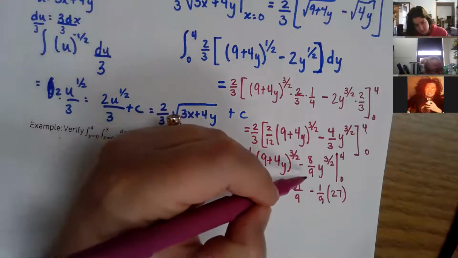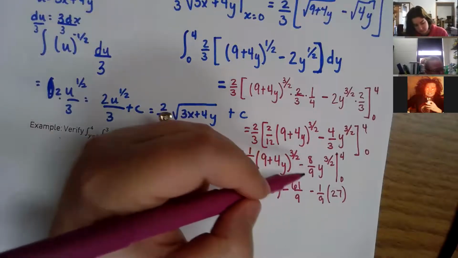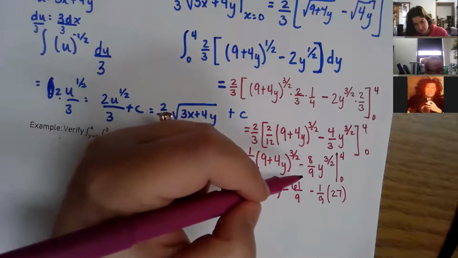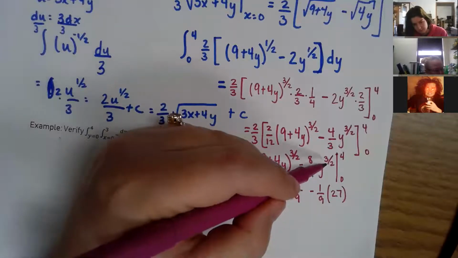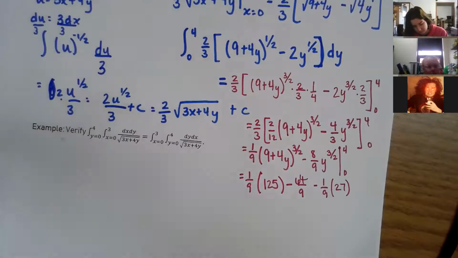Wait, shouldn't that be? I have 61 there. Should be 64. That should be 64. Yeah. That doesn't make sense. 125 minus 64 minus 27.